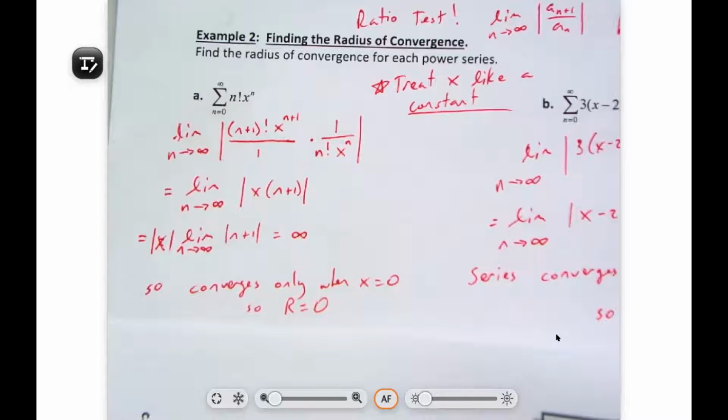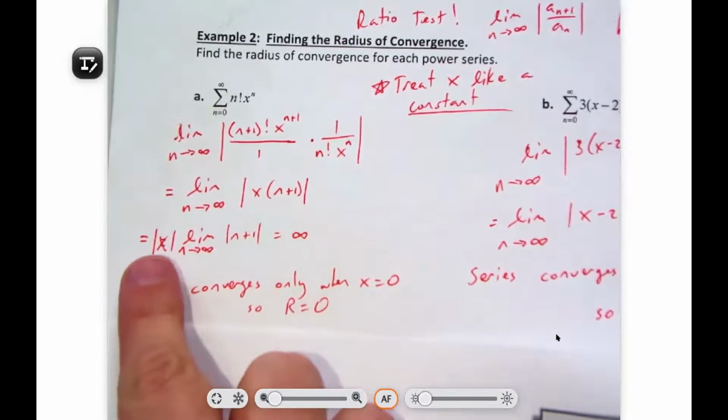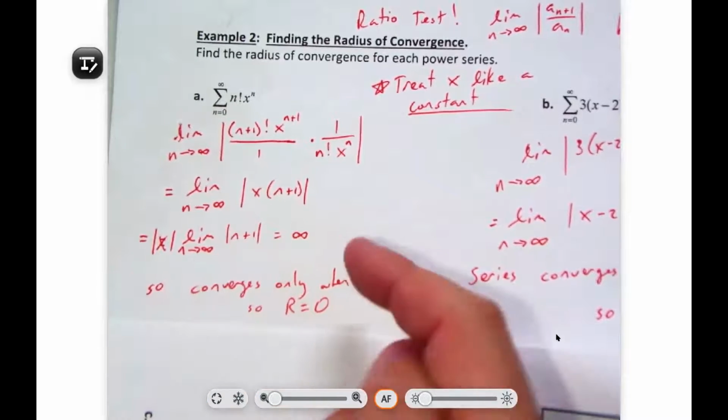Here's a little trick. Since we're treating x like a constant, and if you have a constant inside of a limit expression, you can pull it out in front of the limit. That's just a limit property from way back when. So we can pull the absolute value of x out in front here and just evaluate this limit right there.